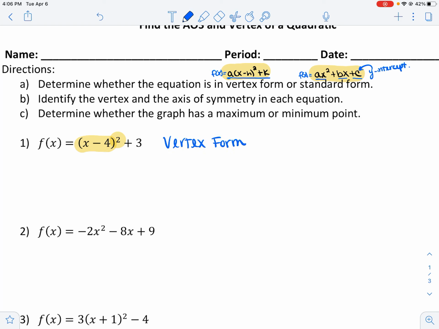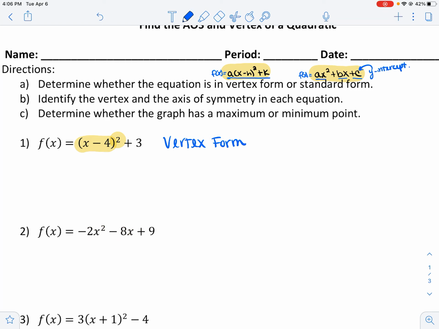When I see negative 2x squared, and then a term with just an x, and then a constant, and it might not have all three of those pieces, it might only have two. For example, there might not be a plus 9 at the end. That would be considered standard form.